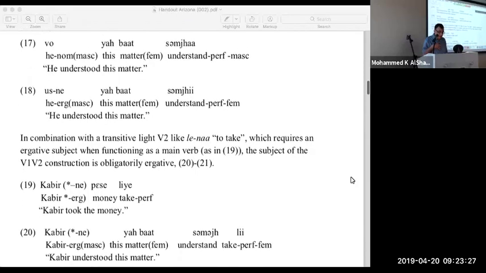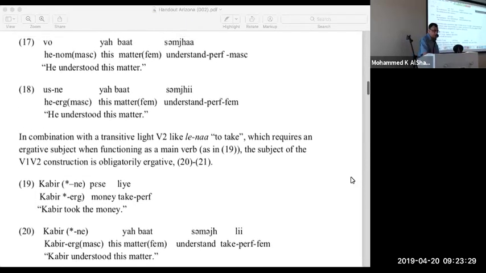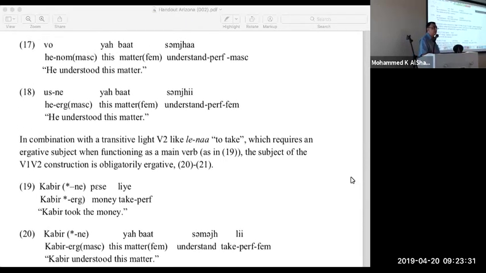Now we know that this verb, samajh, understand, when used by itself, is exceptional in the sense that it allows for nominative subjects. It doesn't require an ergative subject, and therefore the subject becomes nominative by whatever licenses nominative case in the system.